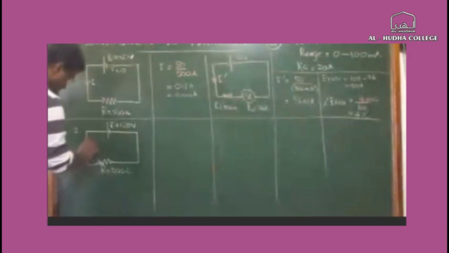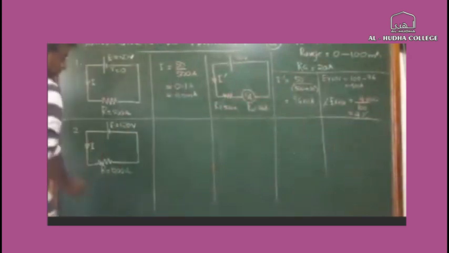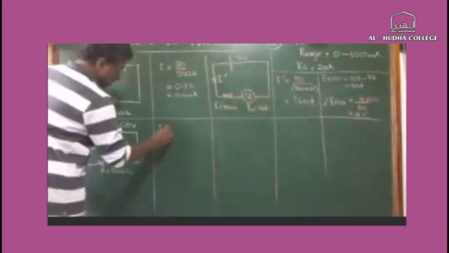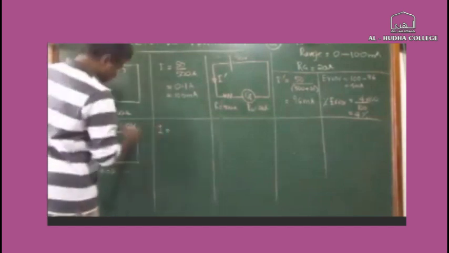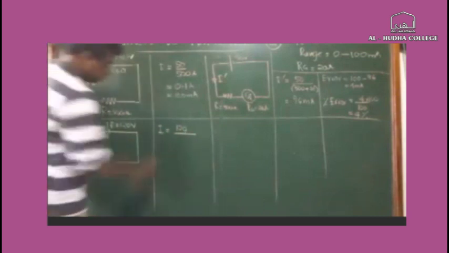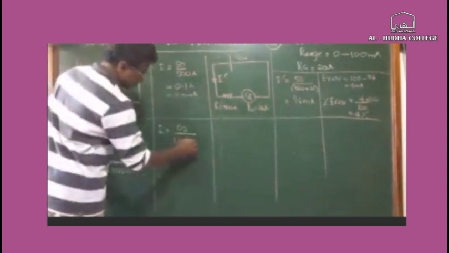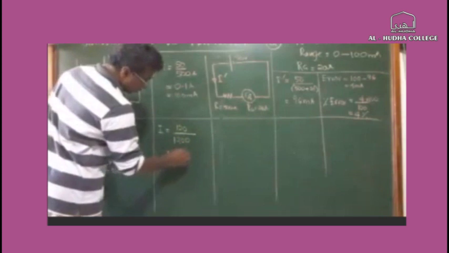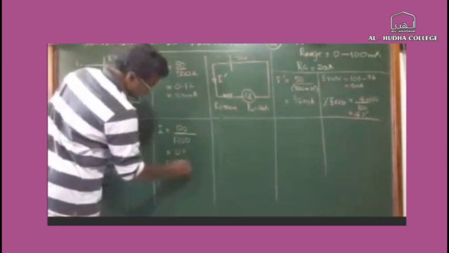Then for the next circuit, the estimated current I, with voltage 120 divided by 1200, is also 0.1, that is 100 milliamps.